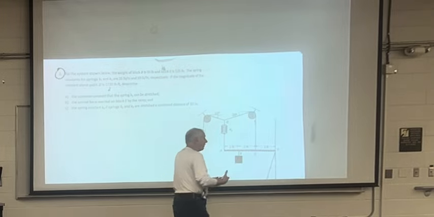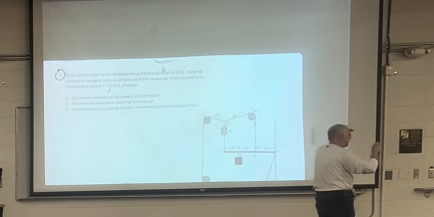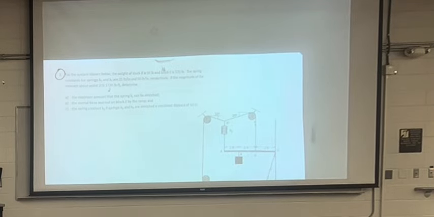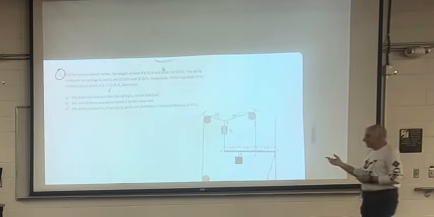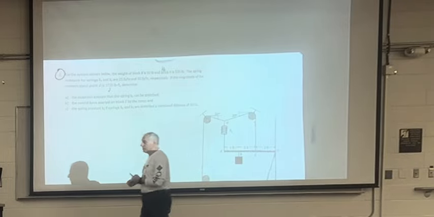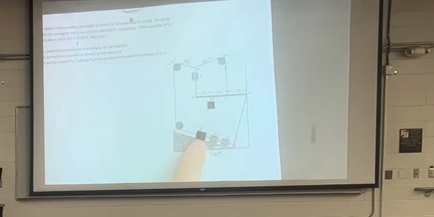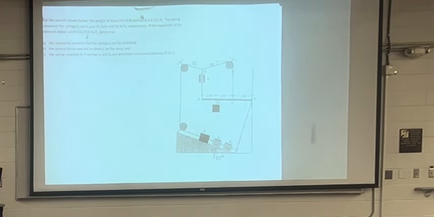So here's where I've taken a little bit of this, a little bit of that, from chapter 4, chapter 3, etc., and mishmashed it and threw it at you. Yeah? And then, of course, I did see a block on an incline. Did we cover blocks on inclines? Yeah.